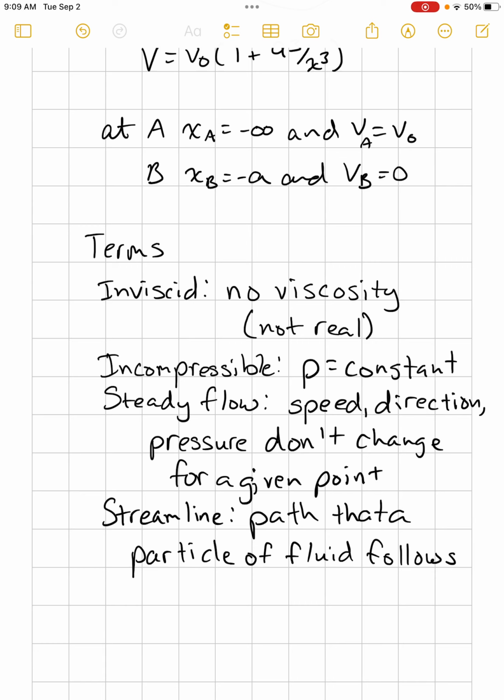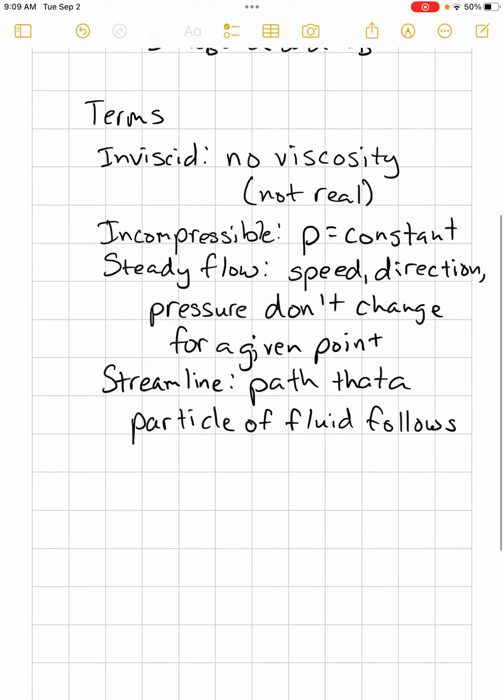But the streamline in a steady flow, a particle will follow a streamline in a steady flow. And any particle that is in that streamline at any point has to follow the streamline through, okay? So basically the streamline is kind of a constant for a particular flow, okay?